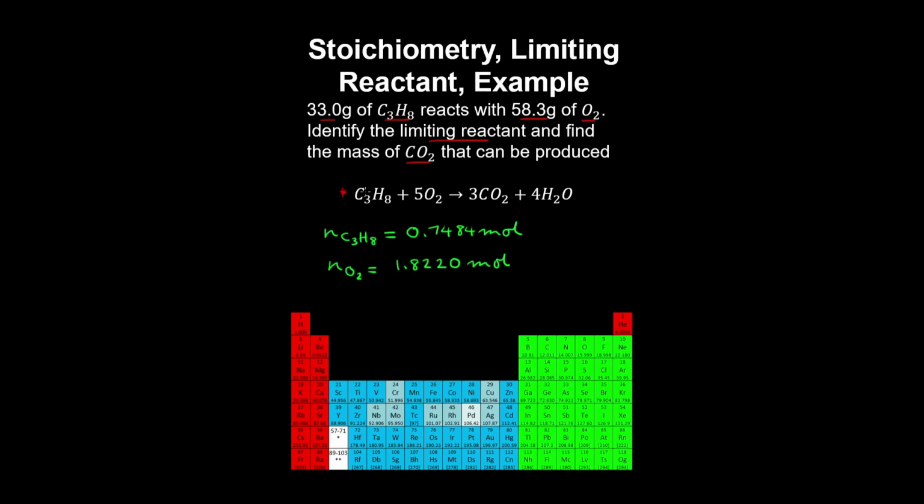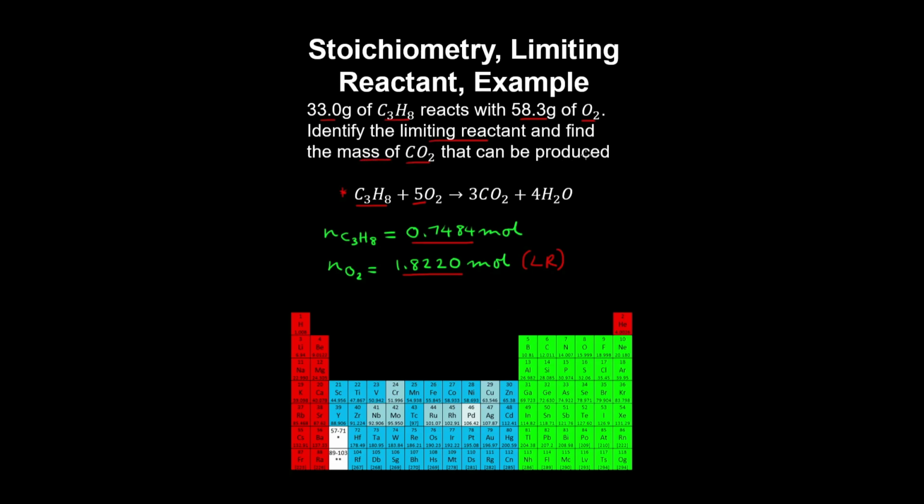Now to get a complete reaction, we require 5 moles of oxygen for every mole of propane. So if you multiply this by 5, the required amount of oxygen is greater than the amount of oxygen that we have. So therefore oxygen is the limiting reactant.